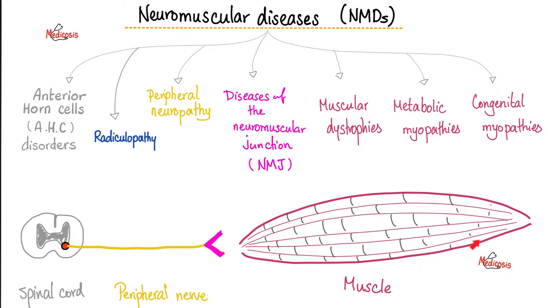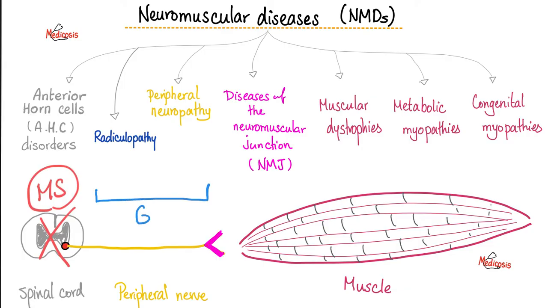Diseases that can make my muscles weak could be problems in the central nervous system, such as the brain and spinal cord, and myasthenia gravis falls into this category. Or it could be a disease that affects the radicles, or the nerve roots as they exit the spinal cord, or a disease that causes peripheral neuropathy, or a pathology in the peripheral nerve. If you remember, Guillain-Barré syndrome is both a radiculopathy and a peripheral neuropathy together.